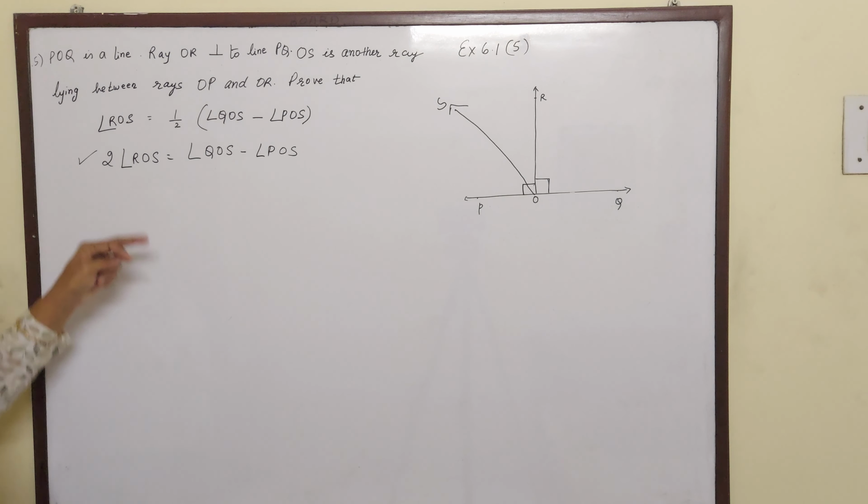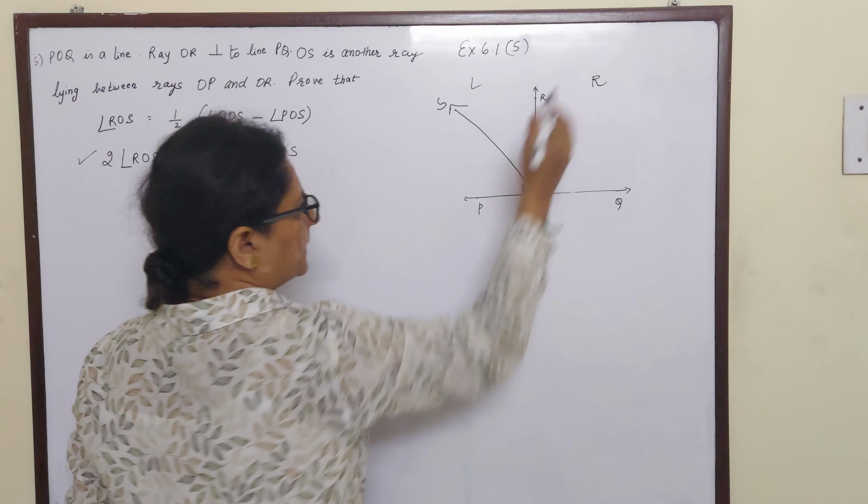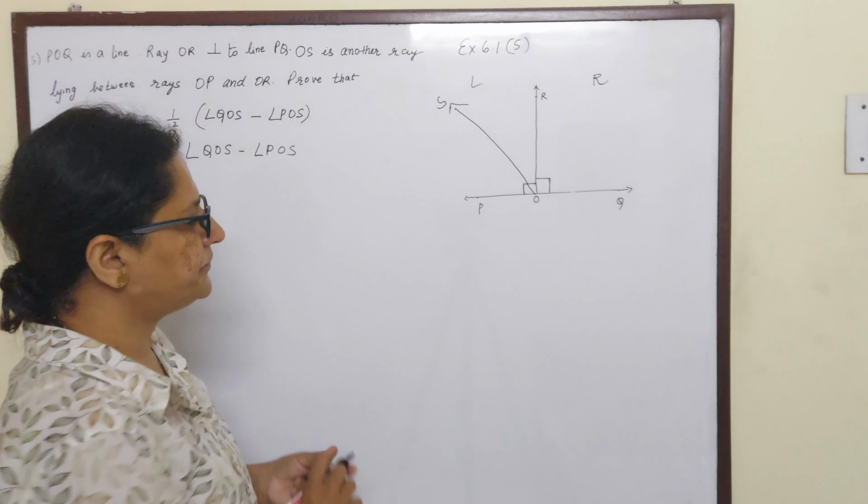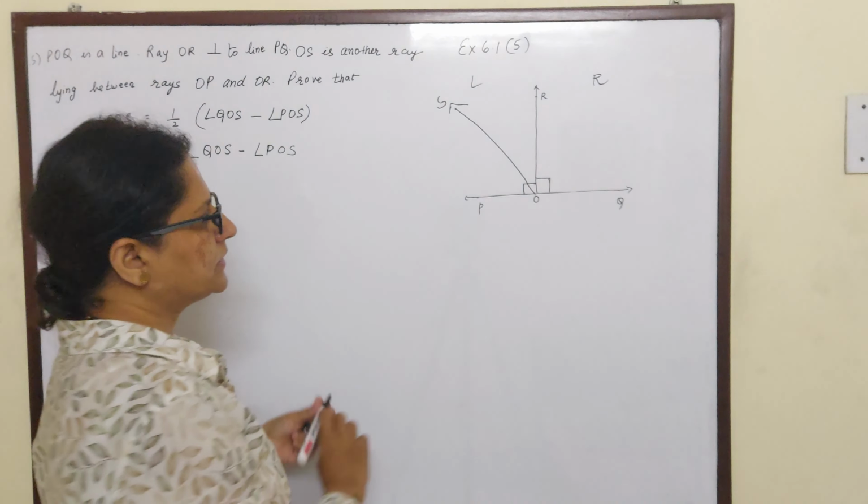ROS. Now let us think, this is your left hand side and this is your right hand side. Now how will you get ROS in the left hand side? Now don't see this line, children, see only this. You can say ROS plus SOP is totally giving you 90 degrees.